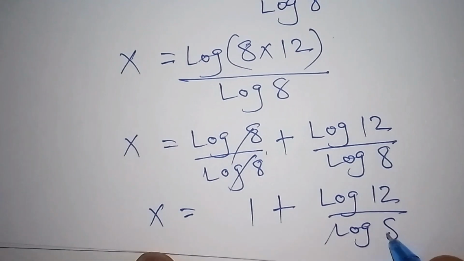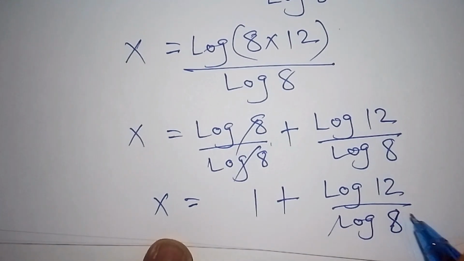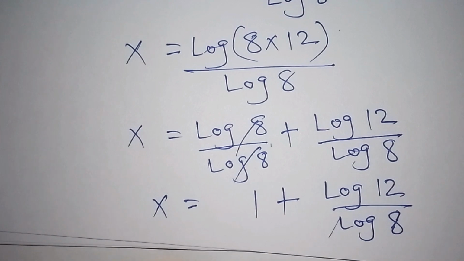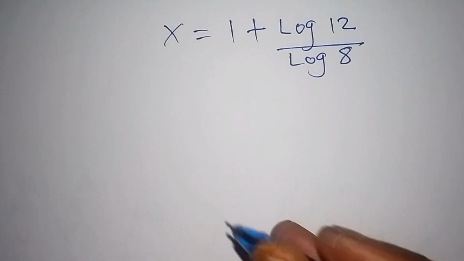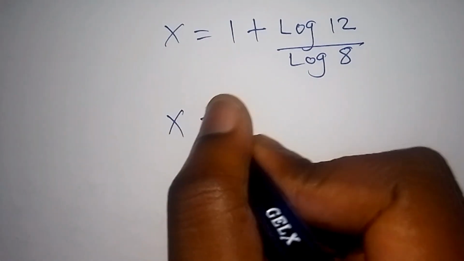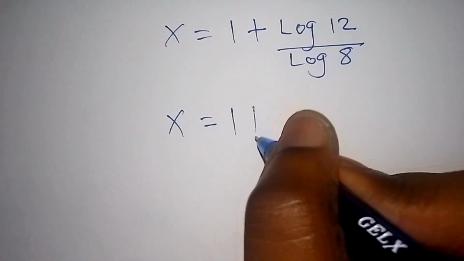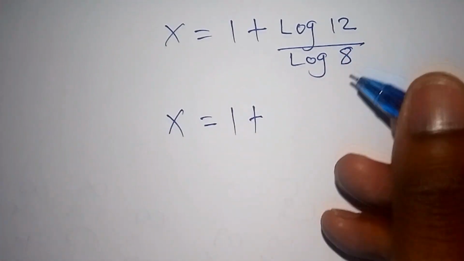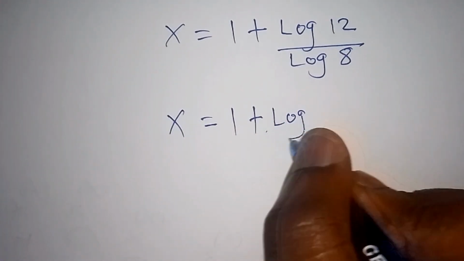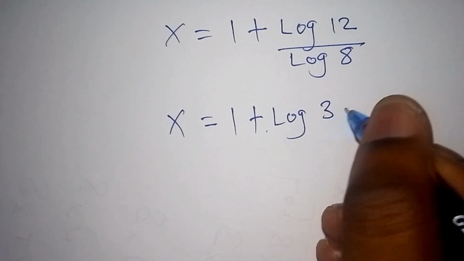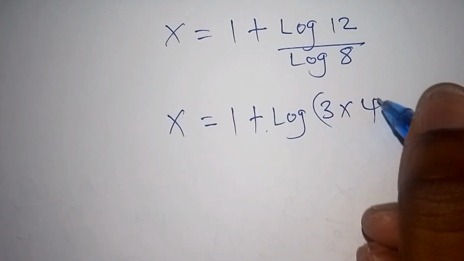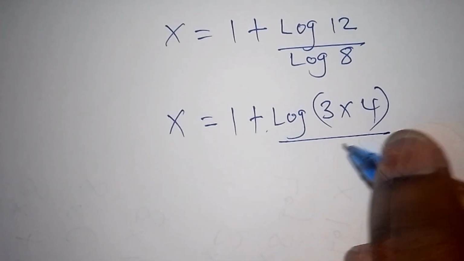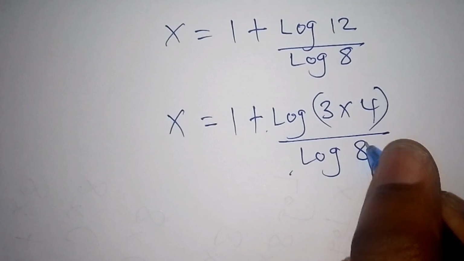So we shall proceed and say that x is equal to 1 plus, the log of 12 can also be written as the log of 3 multiplied by 4, then you close the bracket, all over the log of 8.